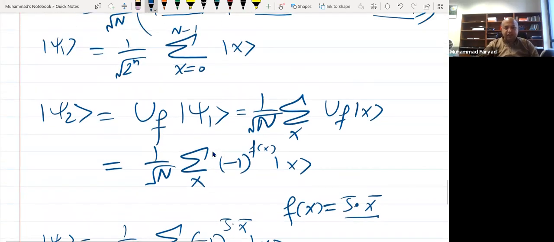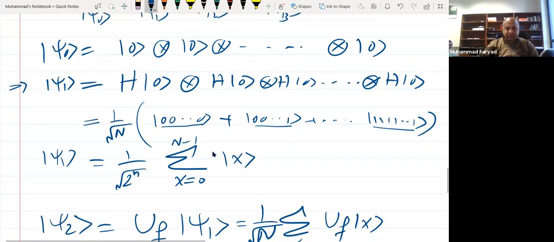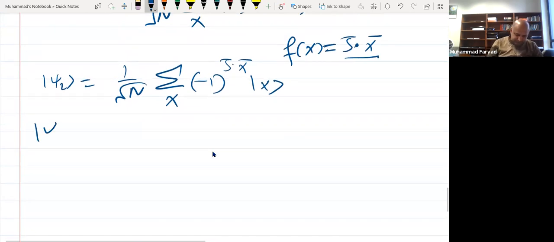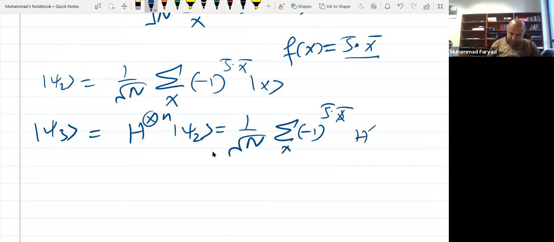Now comes the last Hadamard transform. So we have reached this part. Over here, the state is psi 3. So psi 3 is, after this Hadamard transform of psi 2, 1 over square root of n, sum over x, (-1) to the power s·x, Hadamard of |x>.